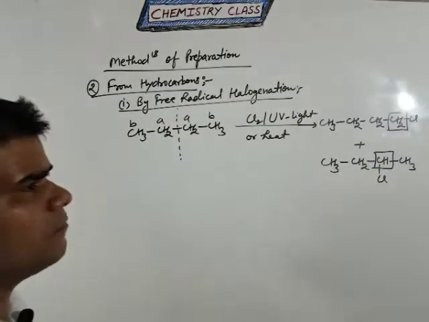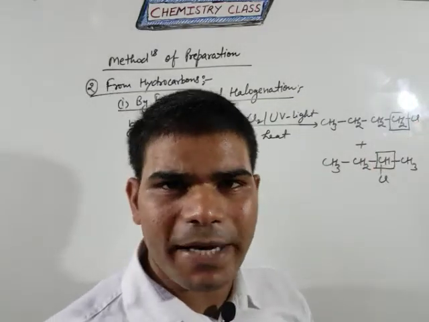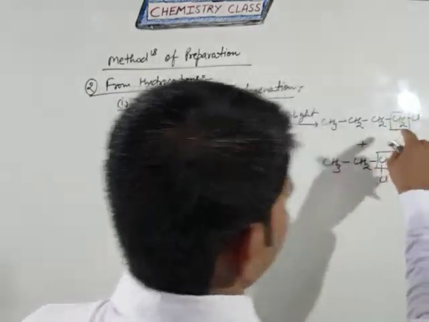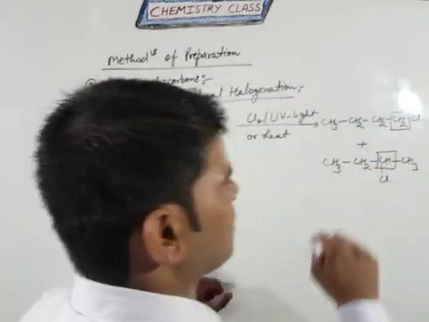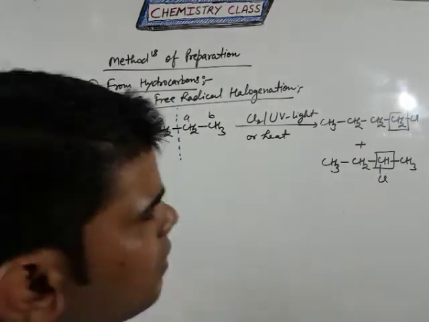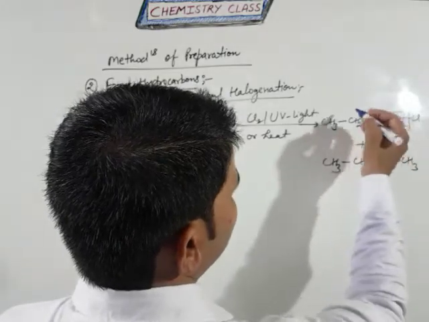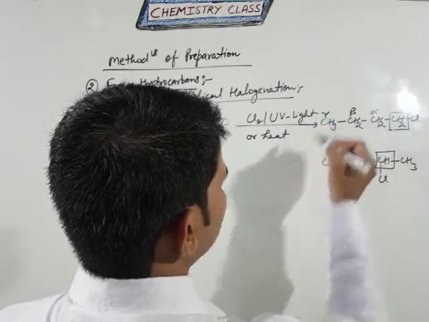So first you identify the parent carbon atom. This is our parent carbon atom because the halogen is attached to this carbon atom. So this is our alpha carbon atom, this is our beta and this is our gamma.